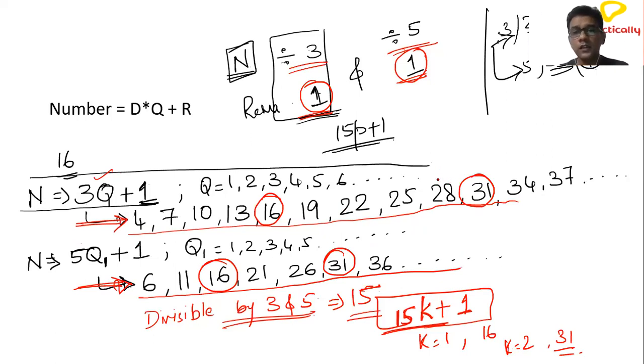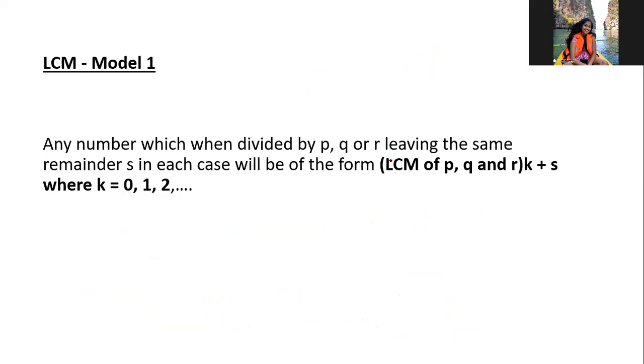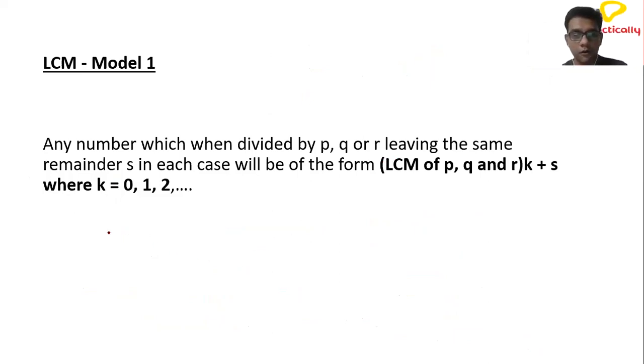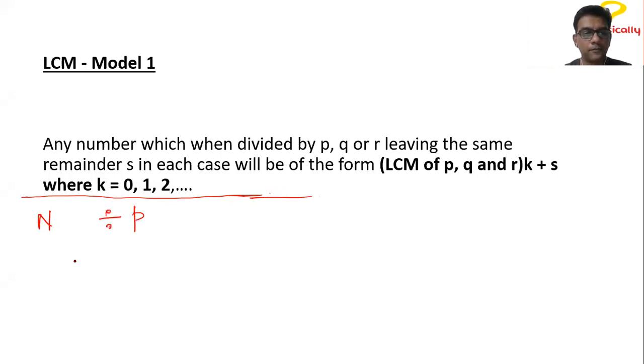If I want to generalize this, I don't want you to write down anything right now, just listen carefully. Let's say there is a number and I divide it by p, and I get a remainder of r.